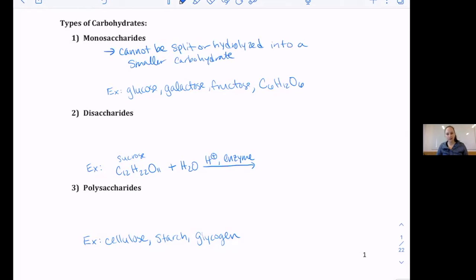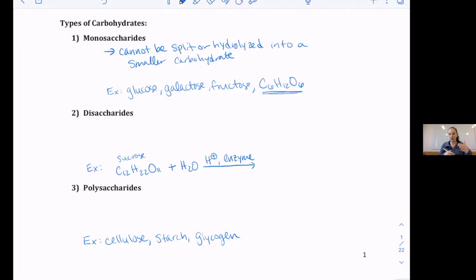If we're talking about polymers, this is the same thing. We'll talk about polysaccharides in a minute. A monosaccharide is like a monomer. It's the smallest unit of a repeating unit that you can get. Examples of these are glucose, the one we hear about most often, also galactose and fructose, and the most common ones have this formula, C6H12O6.